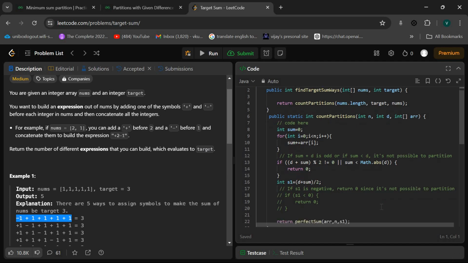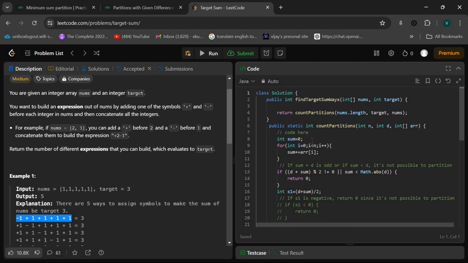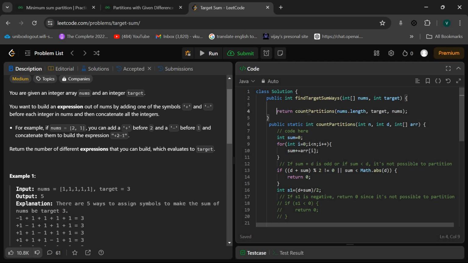Likewise, same. I simply return count partition problem, and the answer of this function requires the value, and D means difference, which means the target, array, right. Simple.